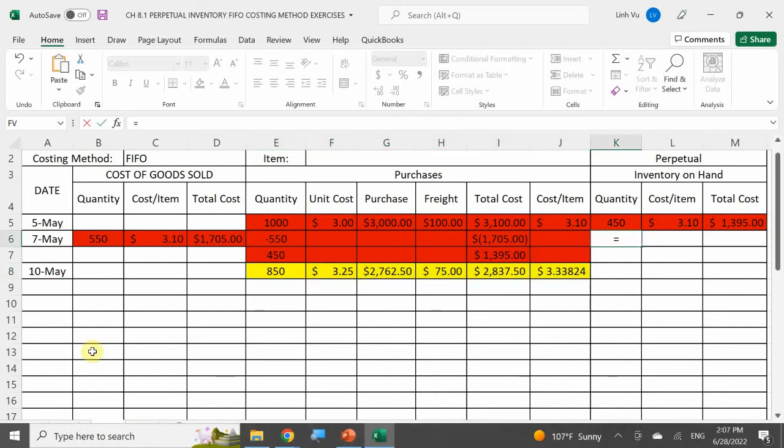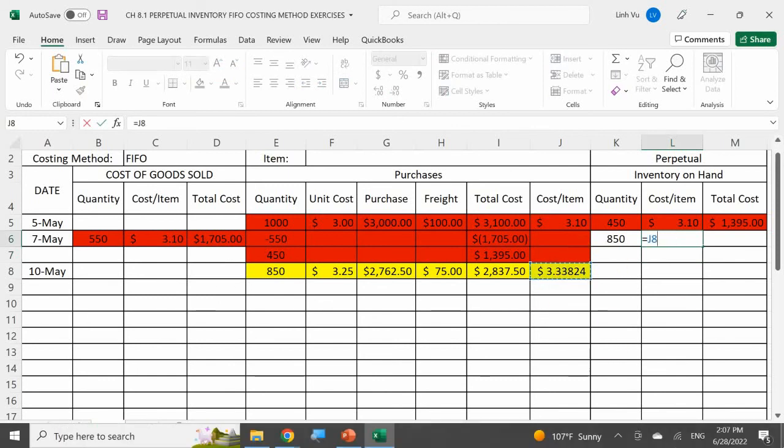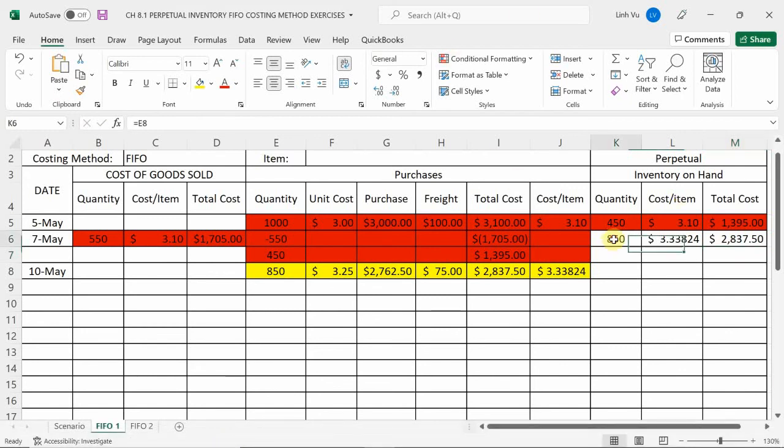Once again, we're going to carry that I have 850 units costing me $3.34, and that's going to give me my grand total of $2,837.50. And this is my yellow batch.